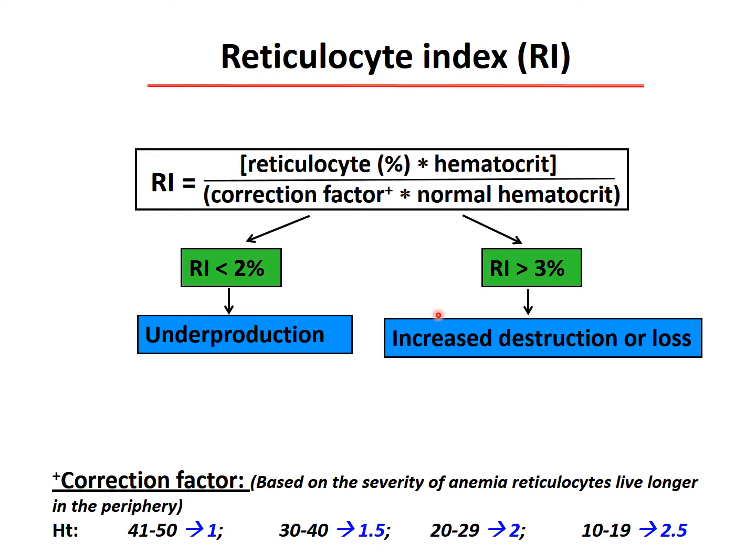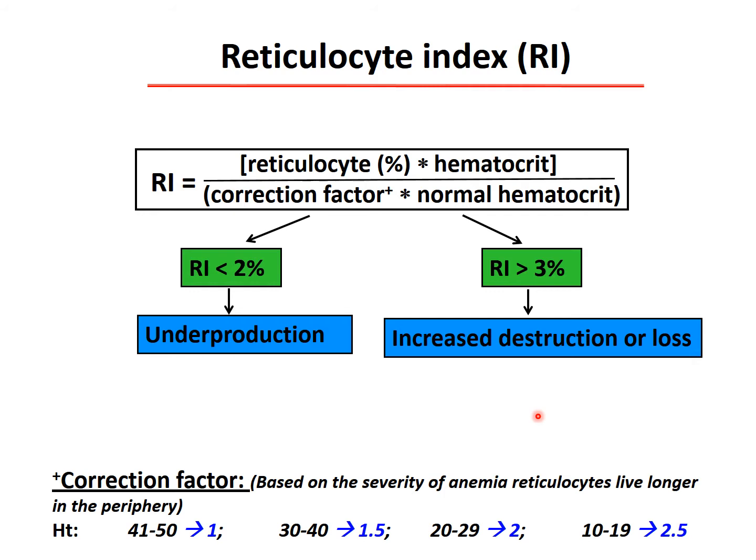However, let's see. Why can the reticulocyte count be increased? There are two reasons. One, we do have an increased production rate. So when we do have hypoxia, hypoxia is going to stimulate the erythropoietin synthesis. Erythropoietin is going to stimulate the precursor formation, so the commitment toward the erythroid cell line, and shortening the maturation.